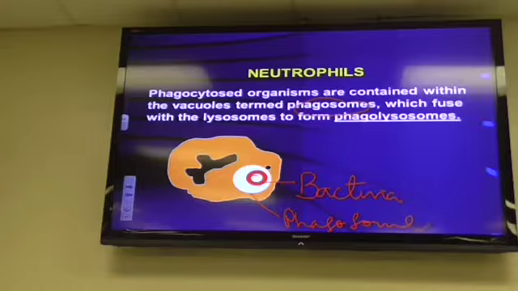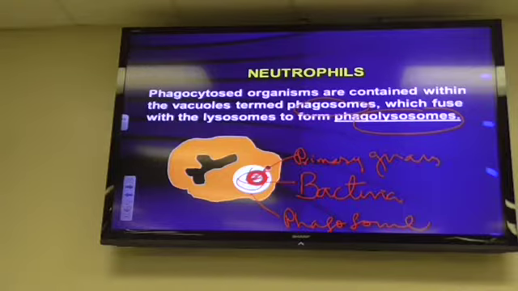And then, once the bacteria is in the phagosome of this neutrophil, the lysosomal granules, the primary granules, come and fuse, forming what's known as the phagolysosome. And then these primary granules will release all those enzymes, like lysozyme, myeloperoxidase, elastase, all those, and later on come the secondary granules that will kill the ingested bacteria.